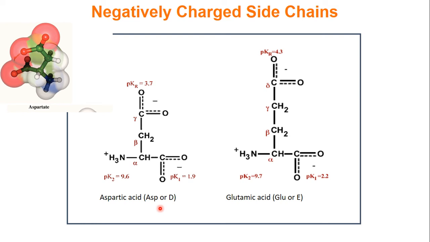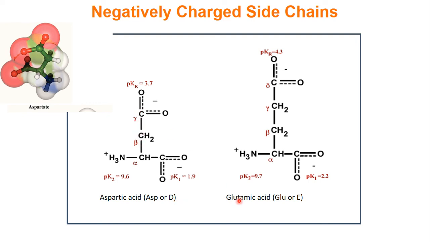Okay, so the tricks I've learned for the negative amino acids: first, aspartic acid. The way I pronounce aspartic is you really stress the D in aspartic acid. So that's why it gets the one letter code D. And to draw it, if you look at the side chain, you can think of D as di for 2, right? So it has 2 carbons.